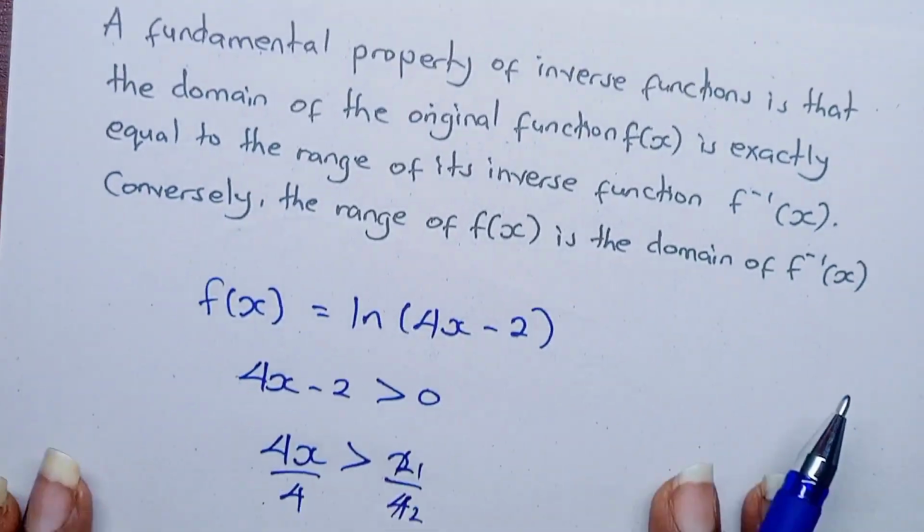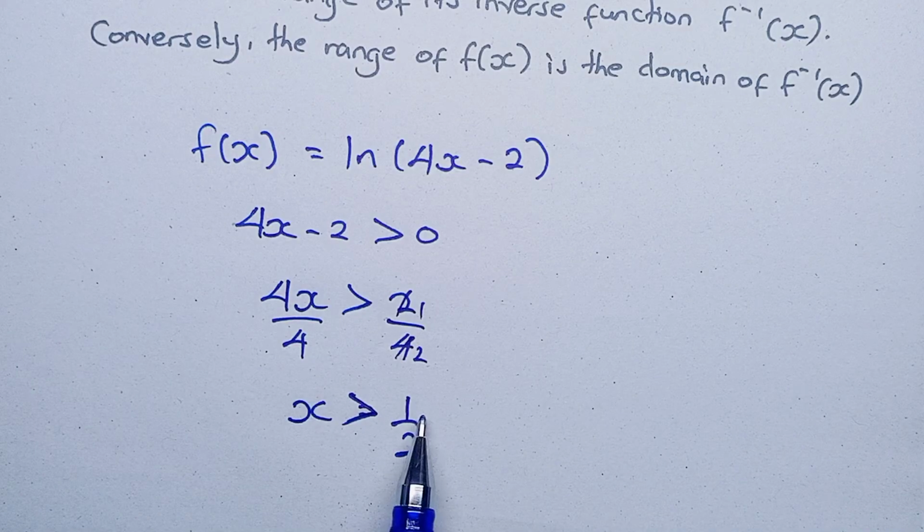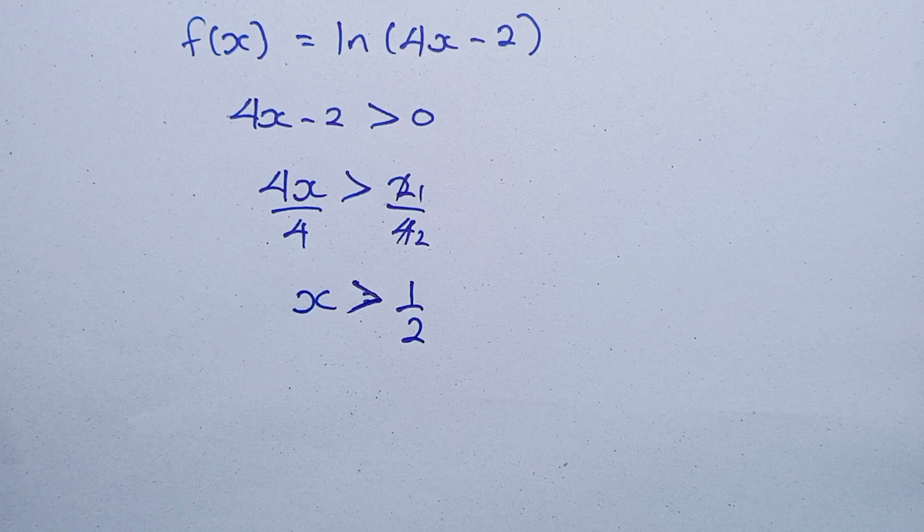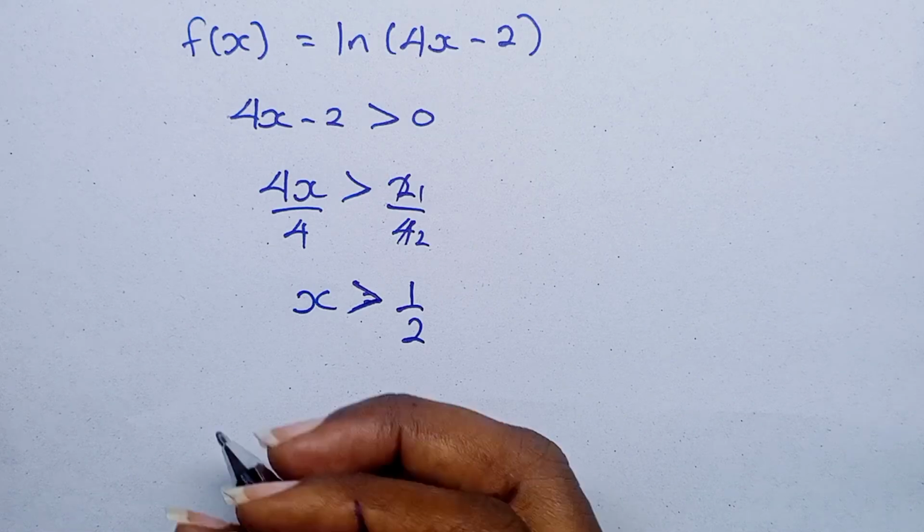So this confirms it is the domain of the function, and therefore it's the range of the inverse function. Since the range of the inverse function is the domain of the original function, we take the set of all possible input values of the original function and define them as the output values of the inverse function.